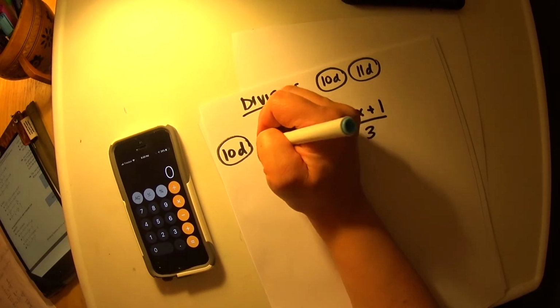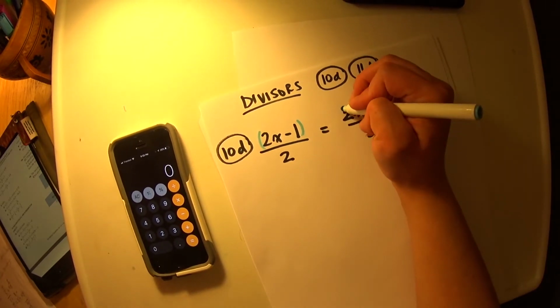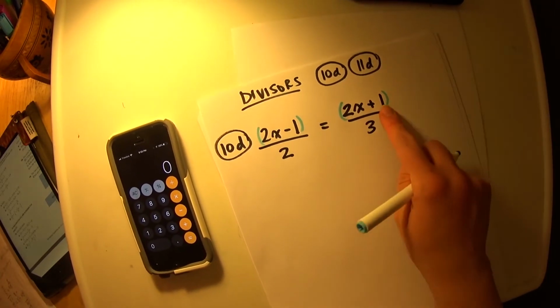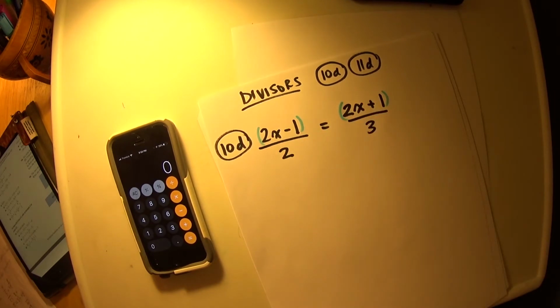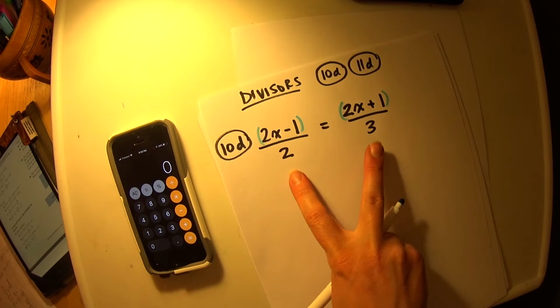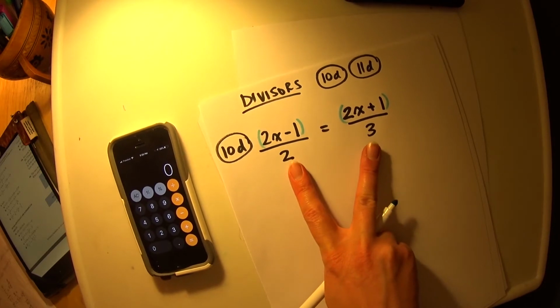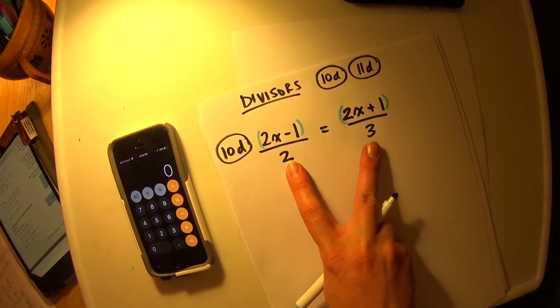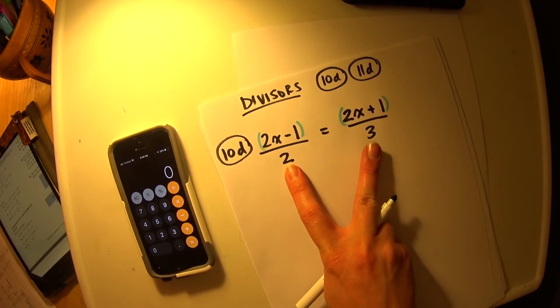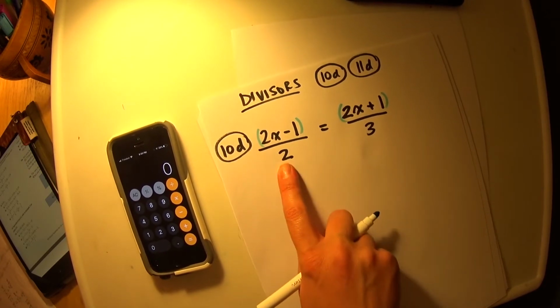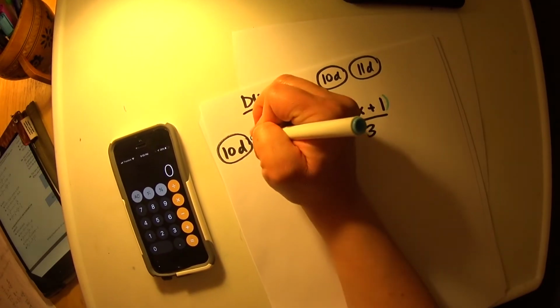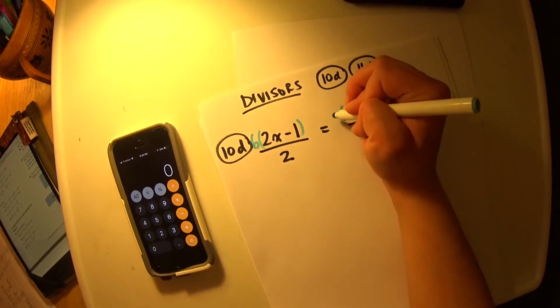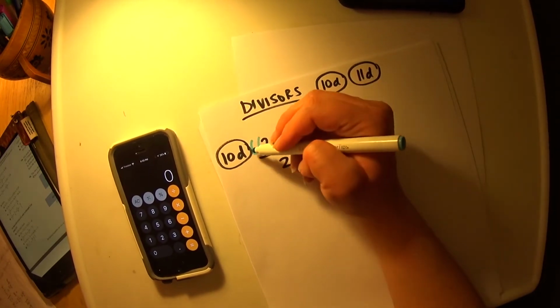The way that we do that is by adding a numerical coefficient outside of the implied brackets on each side, and it has to be the same number. The way you choose that number is by determining a common multiple between the two divisors. So 2 and 3 can be multiplied to get to 6. 6 is divisible by both 2 and by 3, so we're going to put that as our numerical coefficient on each side.